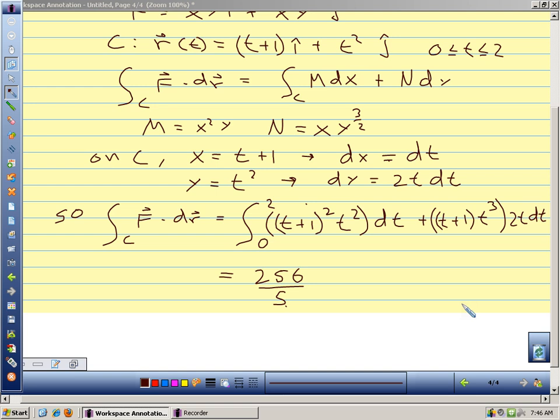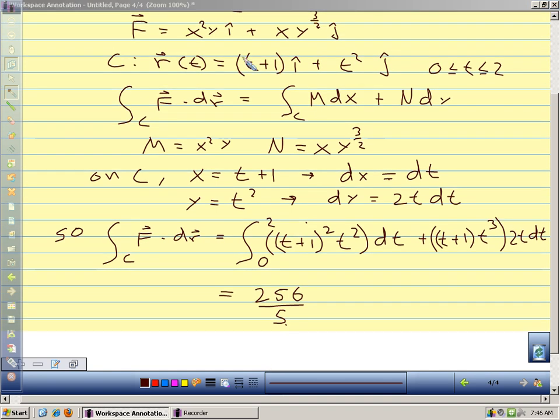So all we did here was very similar to what we did before. We picked out the components of our vector field, represented those in terms of our parameterization, and also represented dx and dy in terms of our parameterized curve, and evaluated the integral that way. We could have done our dot product, represented F in terms of our parameterization, and done it that way.